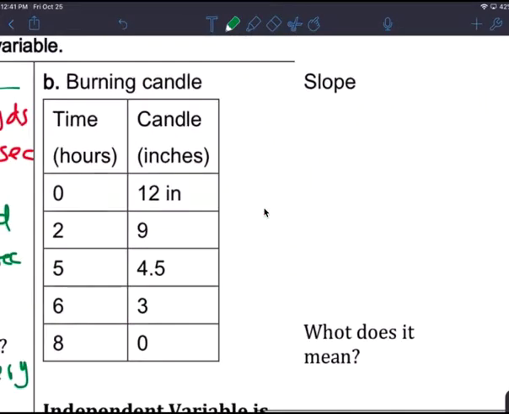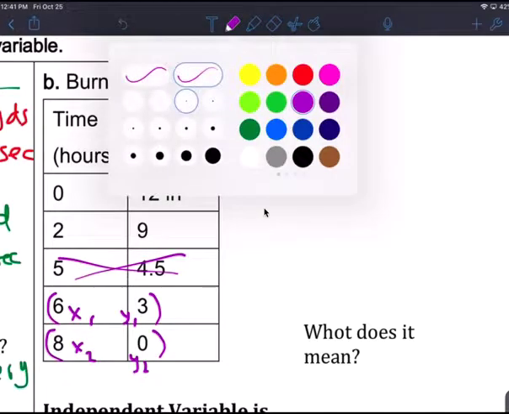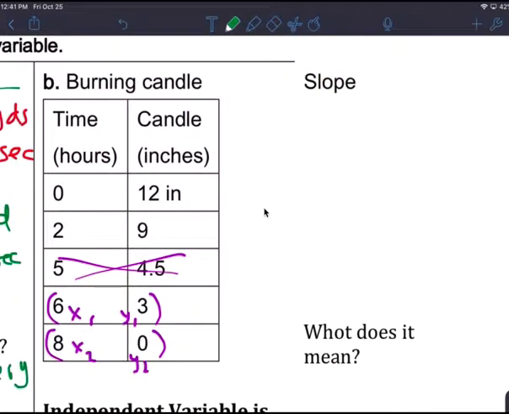All right, let's do slope here. Pick 2 points, any 2. x sub 1, y sub 1, x sub 2, y sub 2. Doesn't matter which 2. You don't want decimals, so it just makes life a little harder. Okay, so your slope formula or your rate of change formula is y sub 2 minus y sub 1 over x sub 2 minus x sub 1.